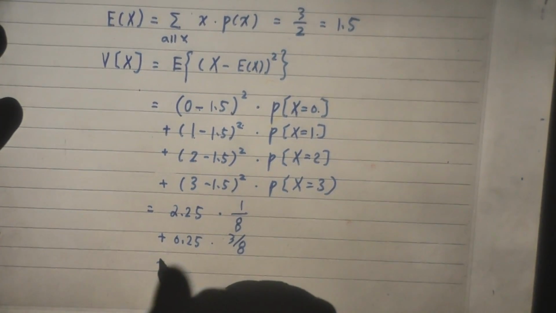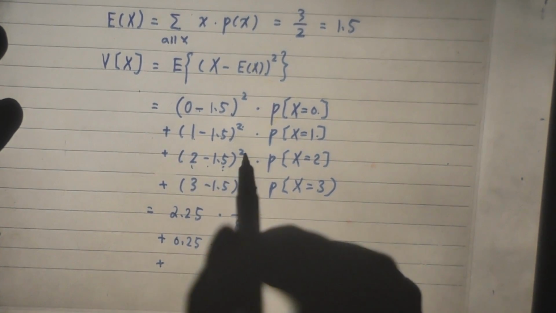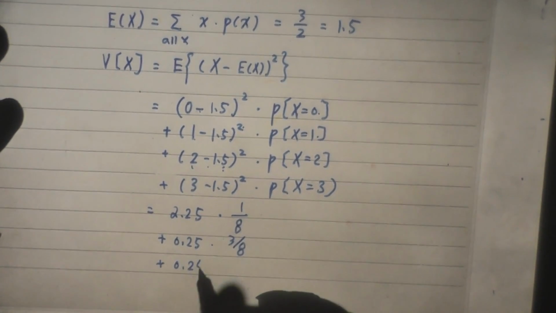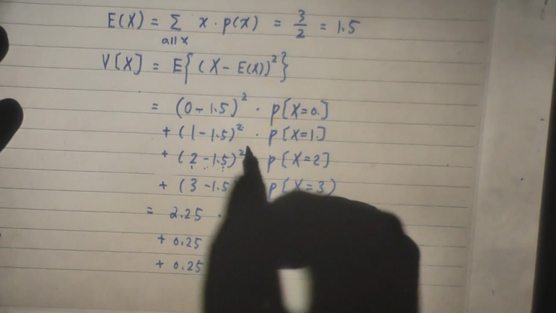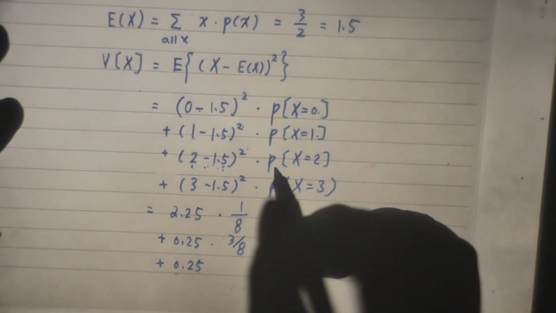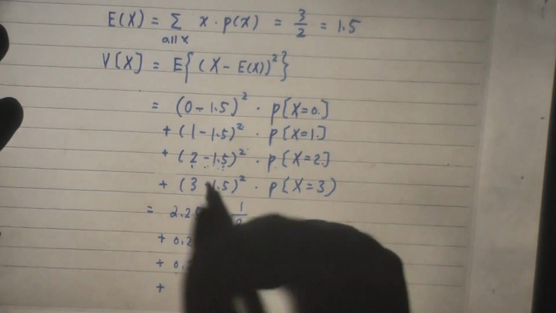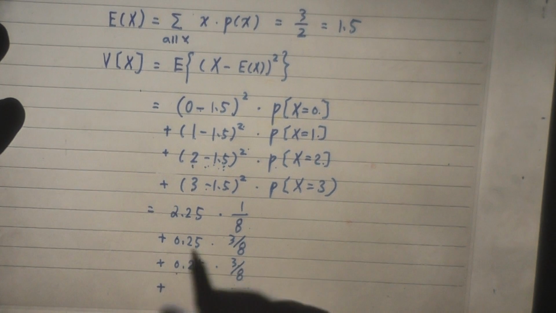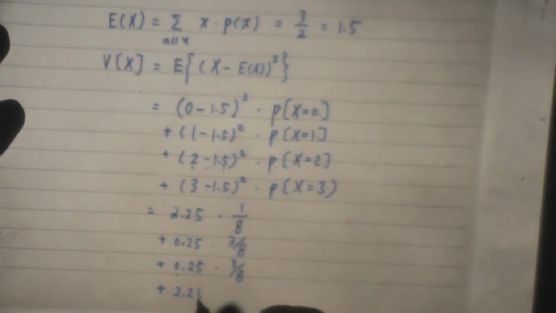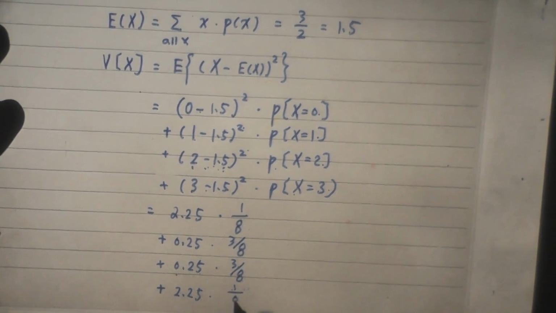And next one, 2 minus 1.5 is 0.5. 0.5 squared is 0.25. Times the probability X equal to 2, which is 3 over 8. And the last term, 3 minus 1.5 is 1.5. 1.5 squared is 2.25. And the probability X equal to 3 is 1 over 8.